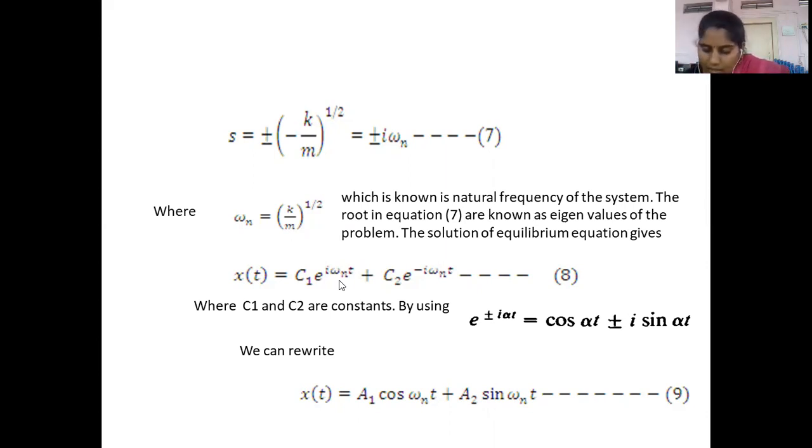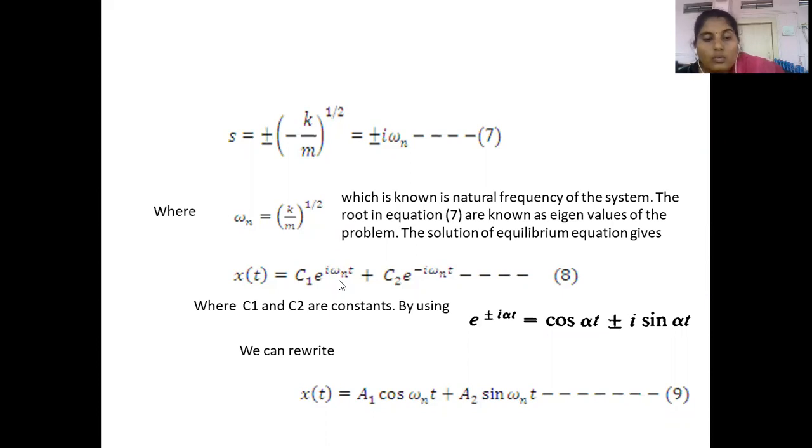As per the mathematical equations, we know e raised to plus or minus i alpha. So what is its expansion? That expansion formula we have to use here: e raised to plus or minus i alpha t is equal to cos alpha t plus or minus i sin alpha t.